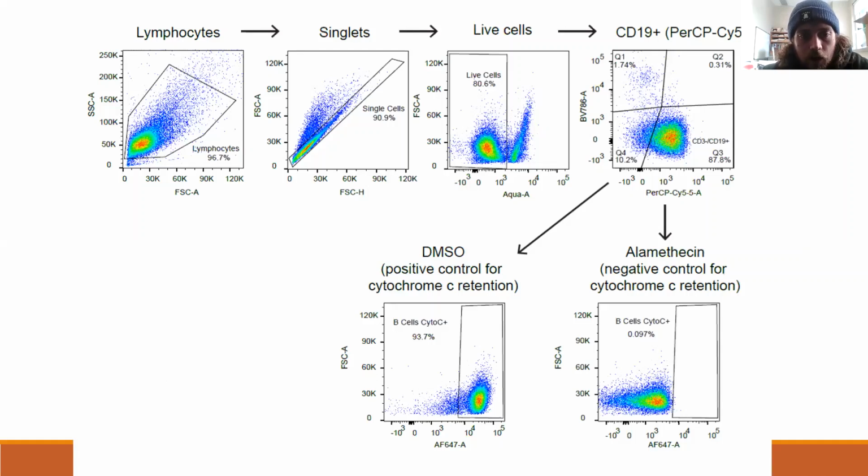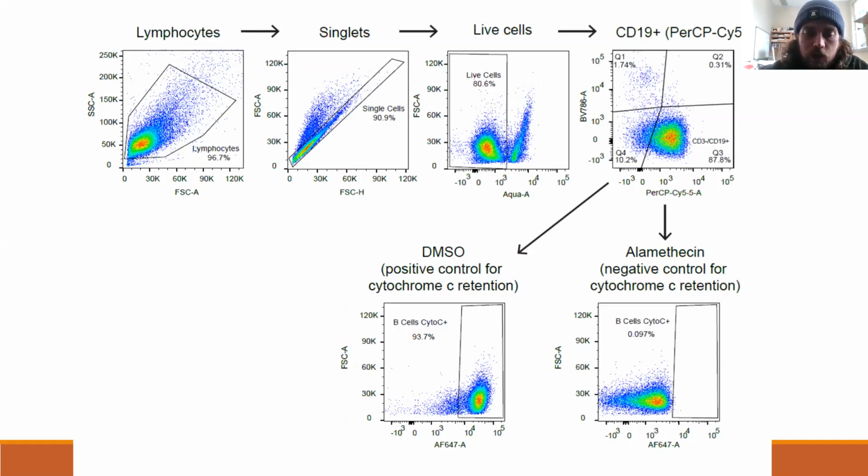Then we gate our singlets, and I use Aqua stain for live/dead. Anything staining positively is going to be dead cells, so I gate on my live cells. Then here I use 786 as a CD3 marker and PerCP-Cy5 as a CD19 marker. Here I'm gating CD3 positive or CD3 negative, CD19 positive B cells, which is pretty much the entire sample.